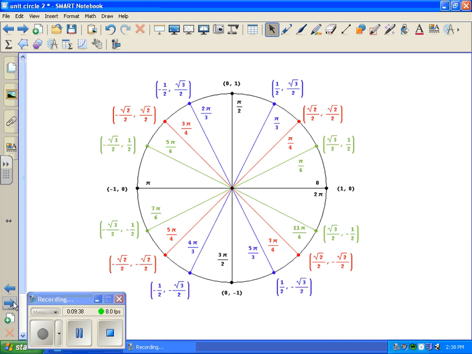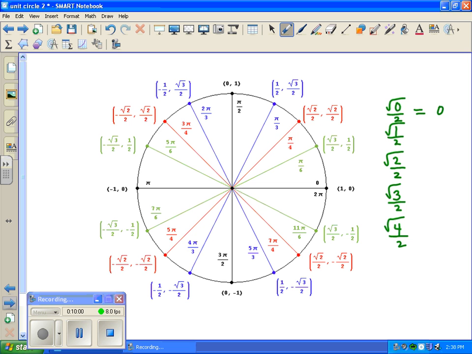And so one little pattern here is that all the values on the unit circle come from 0, 1, 2, 3, 4. And if I take each one of these and divide by 2, and then square root my numerator, and simplify.